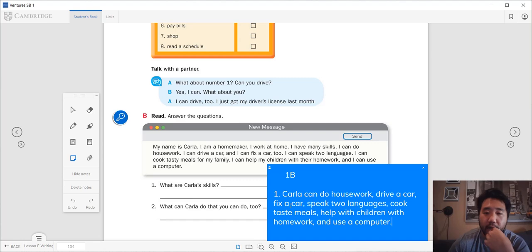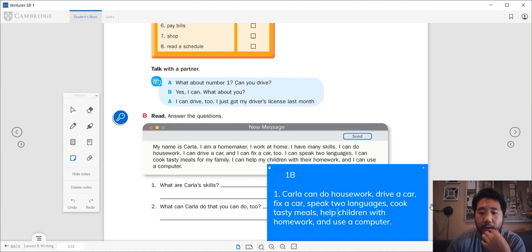So I listed all of her skills. Carla can do housework, drive a car, fix a car, speak two languages, cook tasty meals, help children with homework, and use a computer.